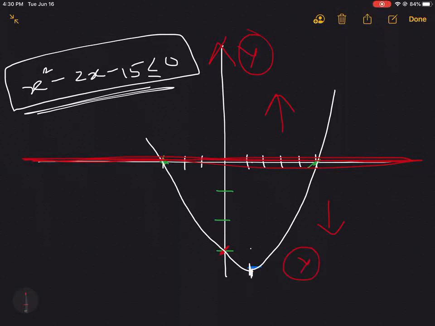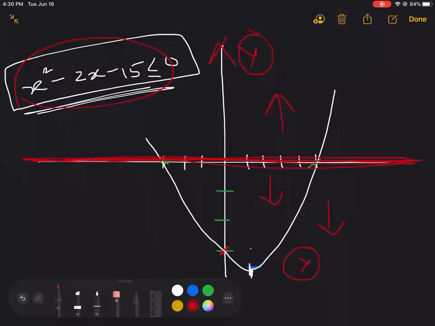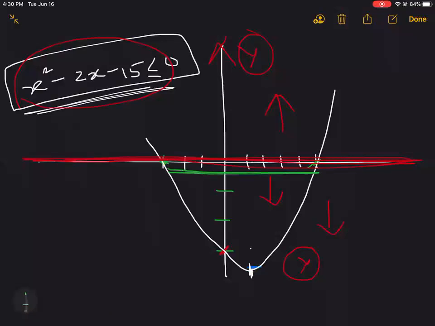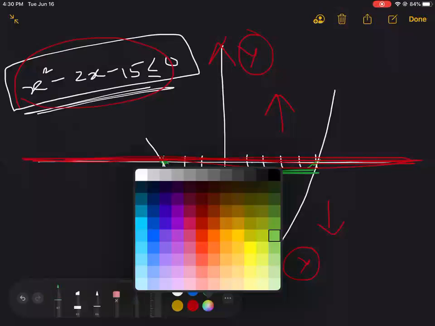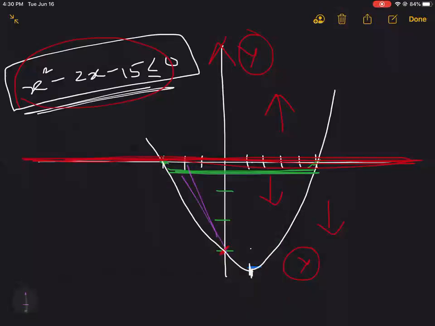So when the question says it's 0 or less, that means the functional values are either on this line or below it. So clearly, it's within this region where the function is on this line or even below that. So that's our answer.